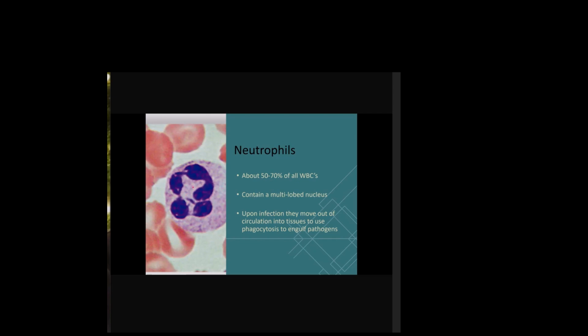When you have an infection in your tissue, neutrophils are capable of coming out of our blood vessel and going in there. They have phagocytic properties. That means they will go there and engulf the pathogen and destroy it. Phagocytosis.